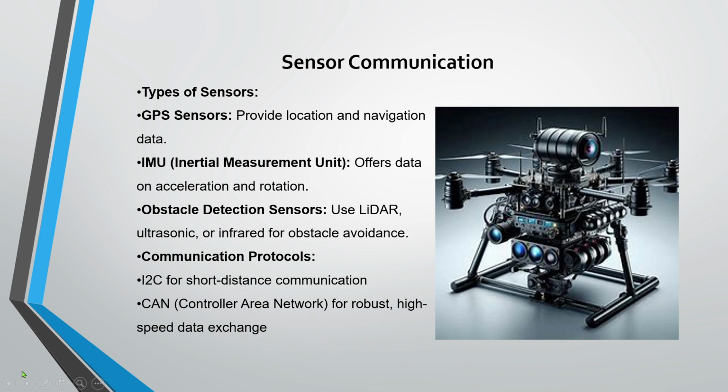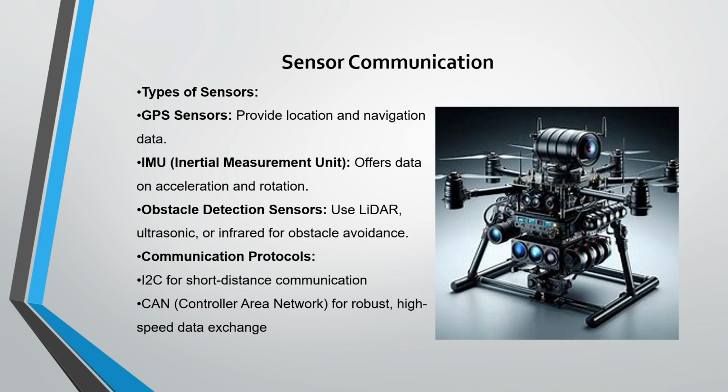In this slide we will learn how the sensors communicate with the other parts, mainly the flight controller. In a photographic drone, we use sensors like GPS sensors, IMU sensors, obstacle detection sensors, and communication protocols.